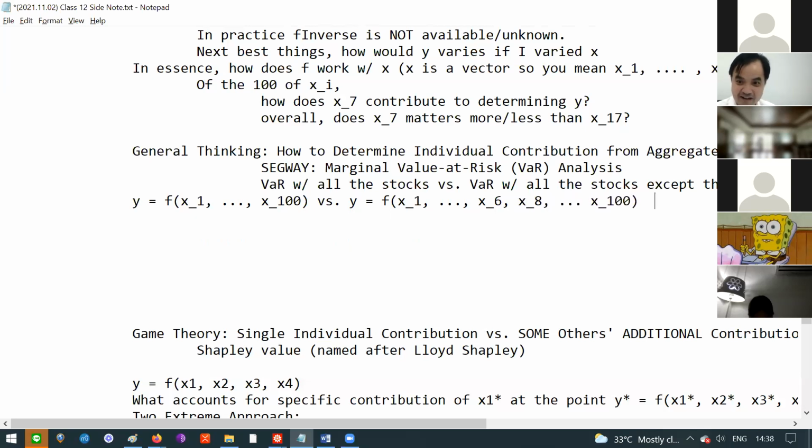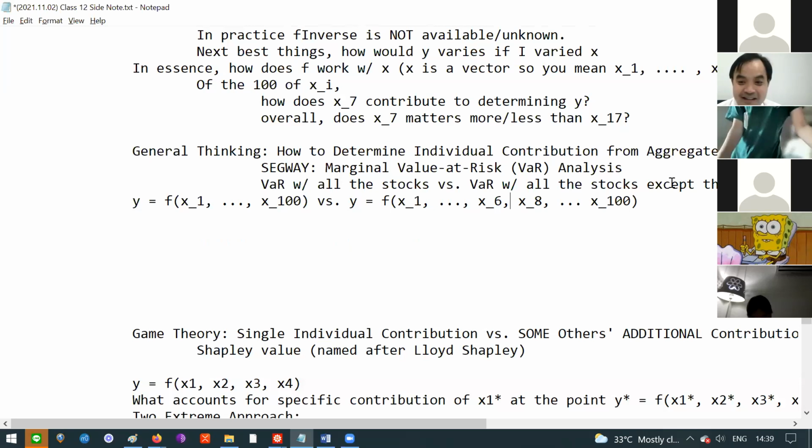You write it there, right? So the full model has 100 variables, this one has 99 variables. Okay, you can do that, right? So if I calculate this, and let's say the average of y is 100 here and 200 there, that means having x7 pushes the value up, doubles the value, right? You can do that. Why wouldn't you do it?